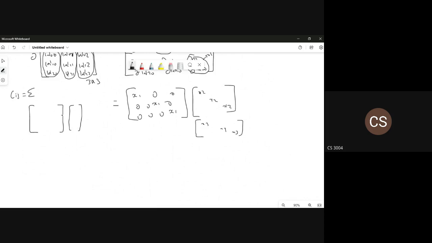But pictorially, I take this row vector and multiply it with the column vector, and I will get a single number. This is the first output, a single number, so I place it as the first element. Then I take the second row and multiply it with the column vector, again the output is a single number, then I place it next to it. So finally I end up creating a vector. So when you multiply a matrix by a vector, the result is a vector.